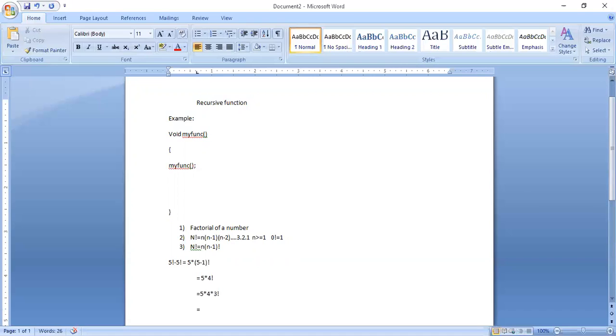Next we have 5 multiplied by 4 multiplied by 3 multiplied by 2 factorial.